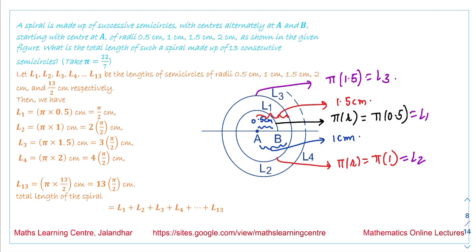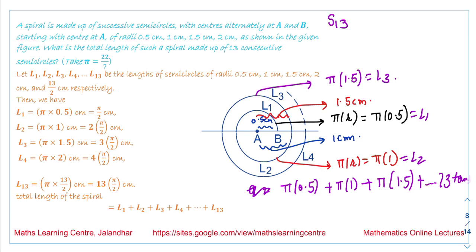So we have to calculate the sum of the 13 terms, where the values are pi into 0.5 plus pi into 1 plus pi into 1.5, and so on up to 13 terms.